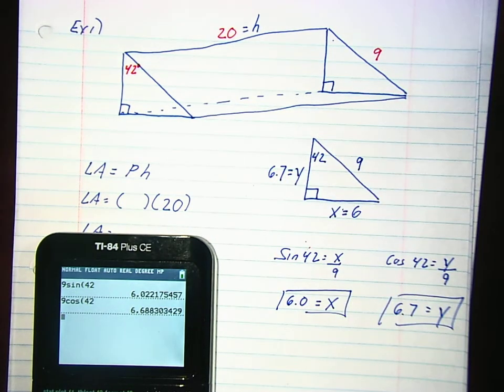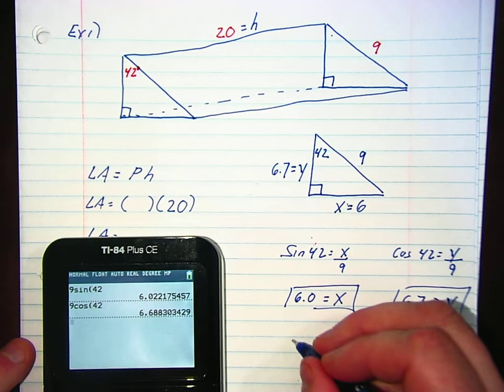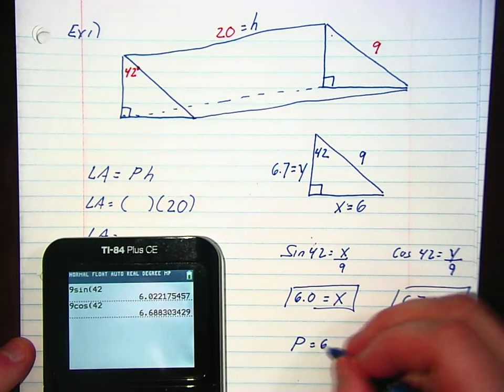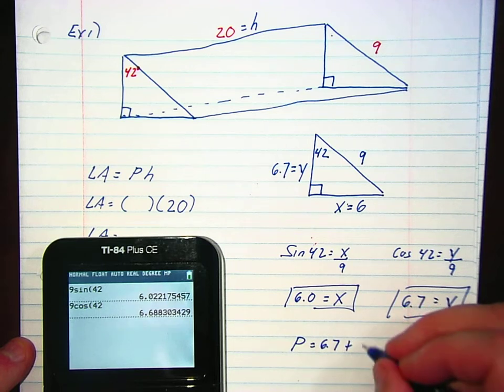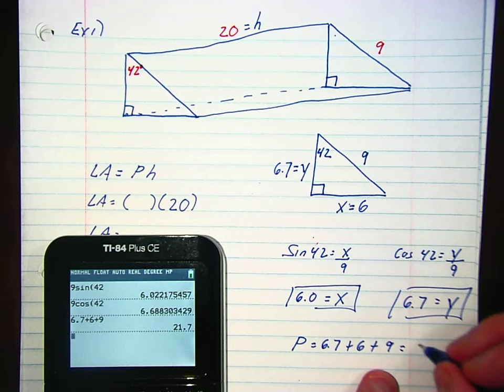Now remember, perimeter is you add up all the sides. So if I want the perimeter, the P, I'm going to take 6.7, add 6, and add 9, and that's going to give me my perimeter. 6.7 plus 6 plus 9, it is 21.7. There's your perimeter.